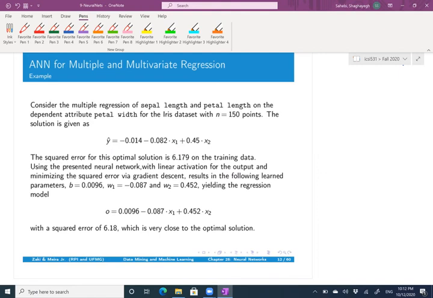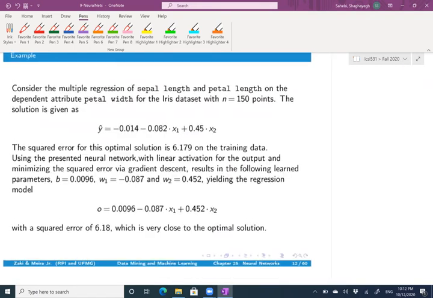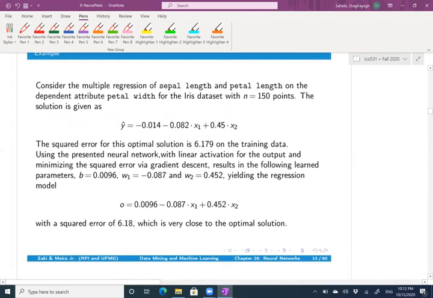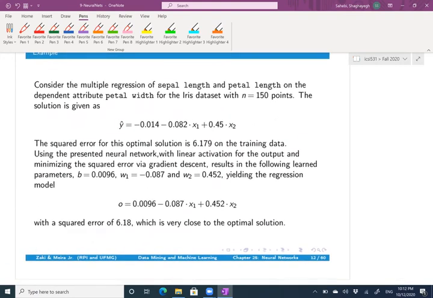And if we run linear regression on sepal lengths and petal lengths, we want to predict the petal width in this data. So our Y is petal width, and we have X1 as sepal length and X2 as petal length.